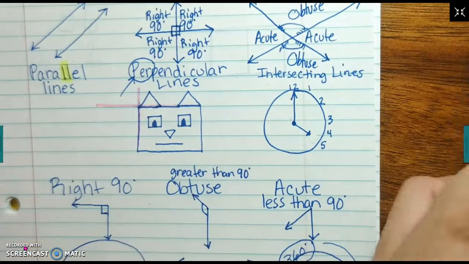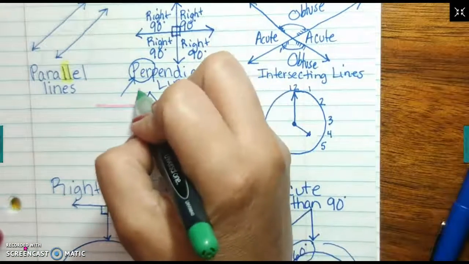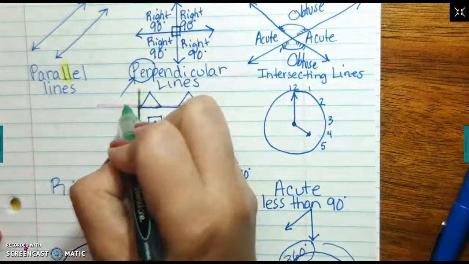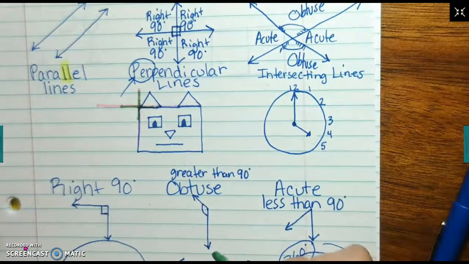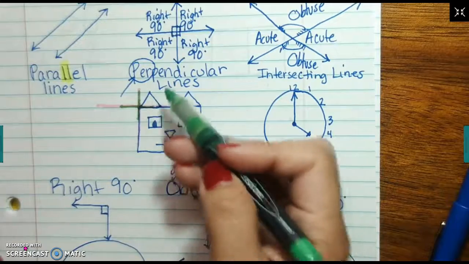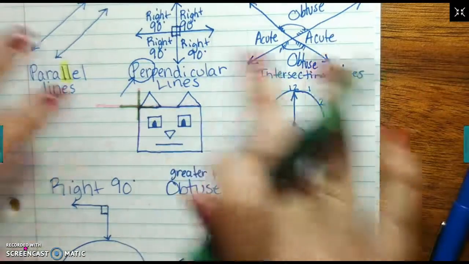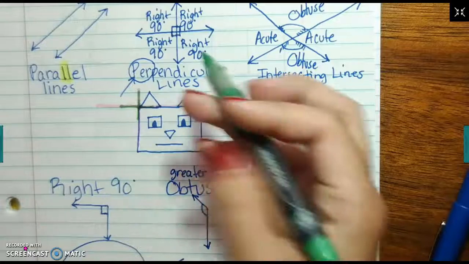perpendicular lines right here. Let me grab a different color. This corner of this face has perpendicular lines right there. Now, your job is to stretch them. They are not going to stretch them for you. They just want you to think outside the box, and they want you to stretch them.